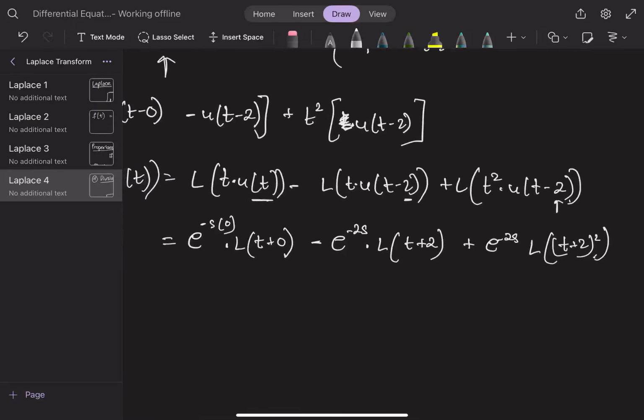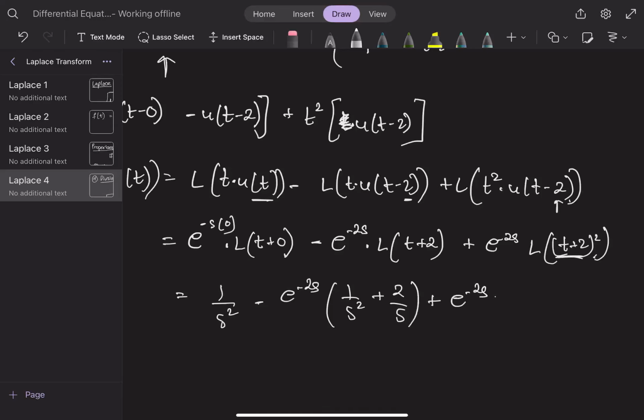So Laplace of t is 1 upon s square, minus e raised to minus 2s, Laplace of t is 1 upon s square plus Laplace of 2 is 2 upon s, plus e raised to minus 2s Laplace of, and we have to open this.